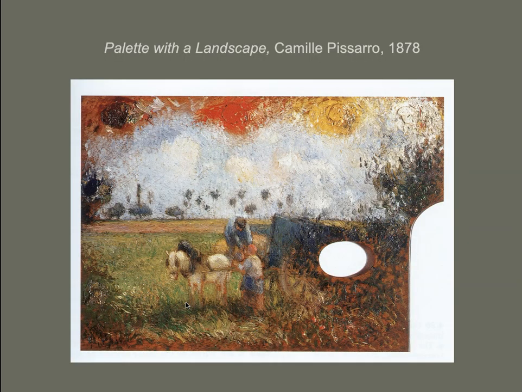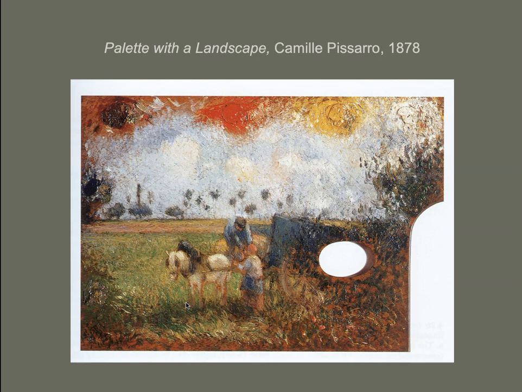So this is a good example of an artist using color scheme. This is Palette with a Landscape by Pissarro, and it's kind of an interesting piece because it's done on an artist's palette, which is something that painters use to mix paint. So it's kind of a play on words. Palette is referring to the colors used as well as the painter's tool that's being used.